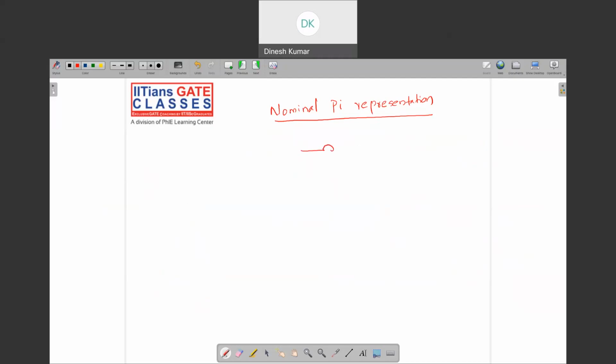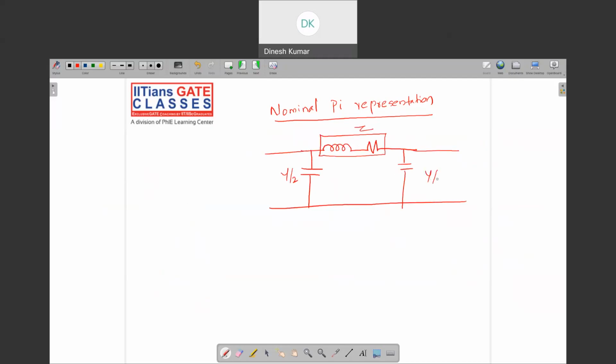It's similar to a pi. This is basically Z, and this is y by 2 and y by 2.